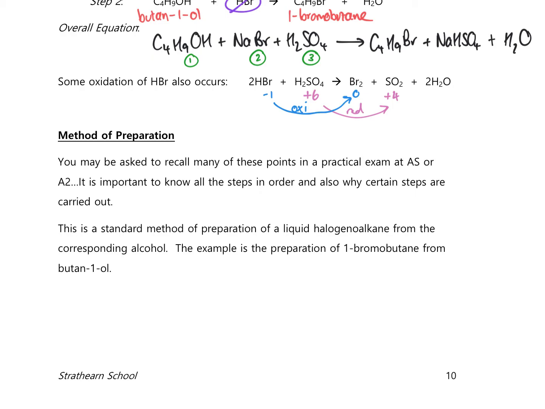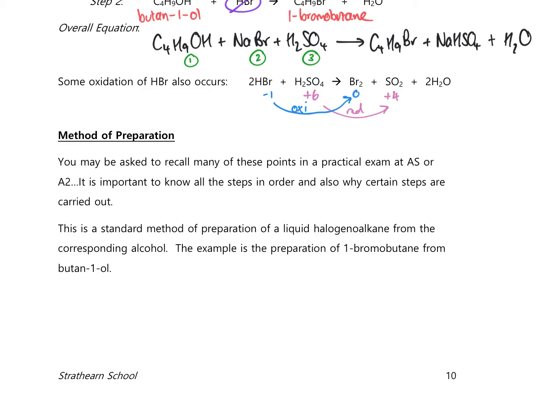And really it's about preparing the halogenoalkane this way, but also then purifying it to make sure that we have a pure product. This is the standard method of preparing a liquid halogenoalkane from the corresponding alcohol, so it doesn't just have to be for one bromobutane. That's the example that we are using, but you could use it to prepare other liquid halogenoalkanes.